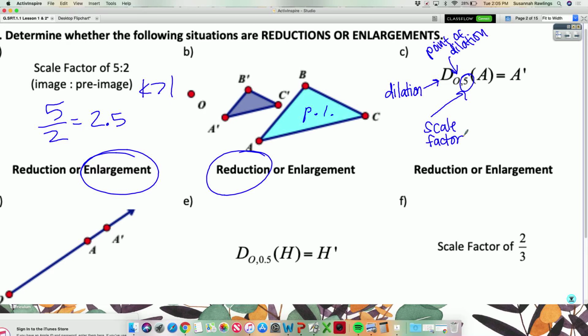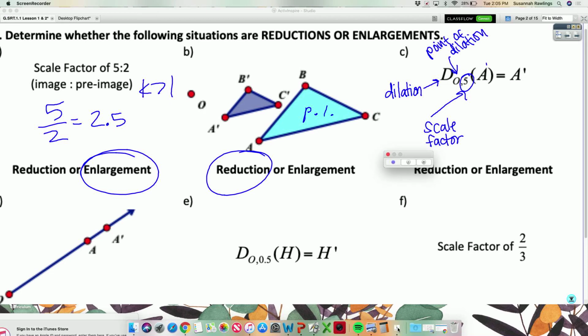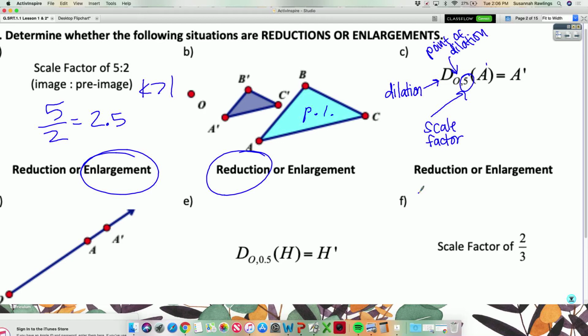I'm glad that you saw that it was 5. Okay, so that's our scale factor, and then that is the point that we are dilating from. So the only part that we're concerned about here is the scale factor. So is my scale factor greater or less than 1 here? It is greater than 1, so what would this be? Enlargement. But we'll work with that code in a second, so you do have to know how to read that.